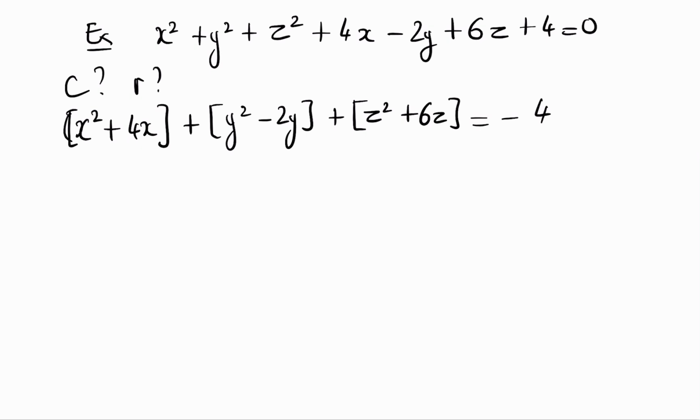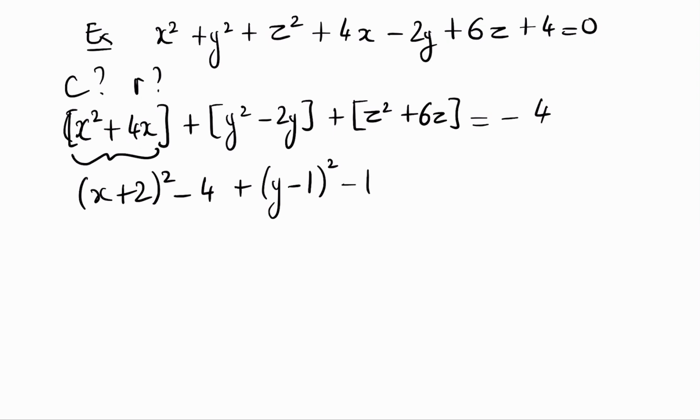Now we just need to complete the square. For this bit, that's x plus 2 squared minus 4. Then for this bit, that's y minus 1 squared minus 1. And for the last bit, that's z plus 3 squared minus 9, equal to minus 4.